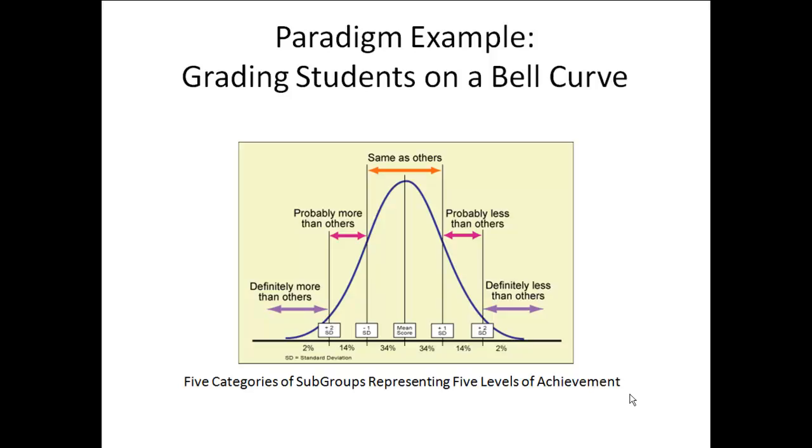And then you'll have a few categories or subgroups of students that bunch up around the middle, which represent the majority of achievement. So this particular paradigm is basically one that places students into subgroups and thinks about students in terms of separating them based on performance levels. Therefore, we know we'll have some students who will excel, we know we'll have some students who will fail, and we know the majority of students will reach an average performance.